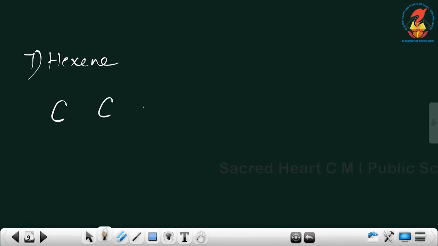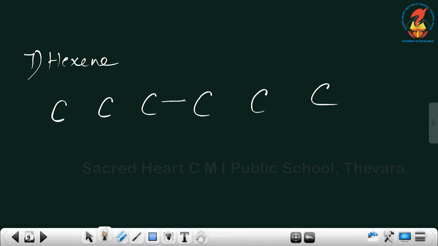Next, hexene. How many carbons? 6 carbons. Ene means one of the bonds is a double bond. All the other bonds are single bonds. There is no other functional group, so the remaining valencies should be filled with hydrogen. First carbon has 3 free valencies, second carbon 2 free valencies. The third carbon has 3 valencies occupied, 1 free valency. Here also 1.